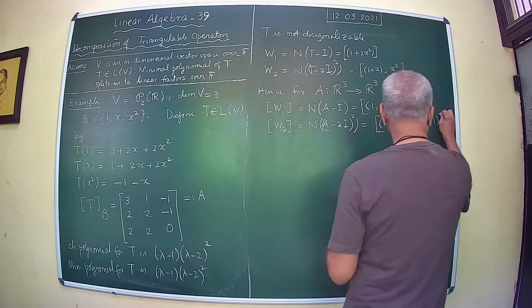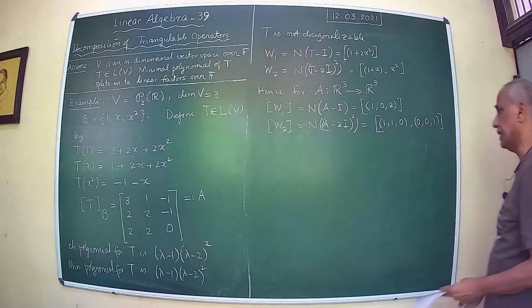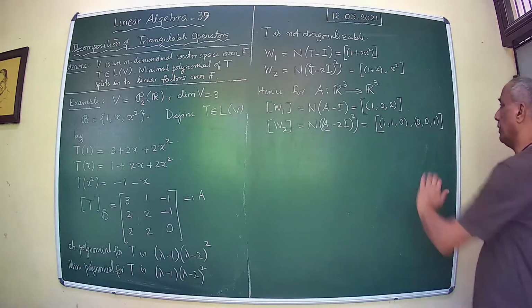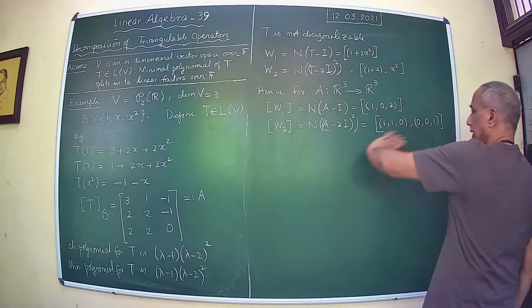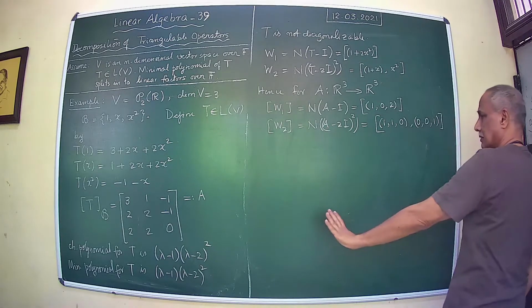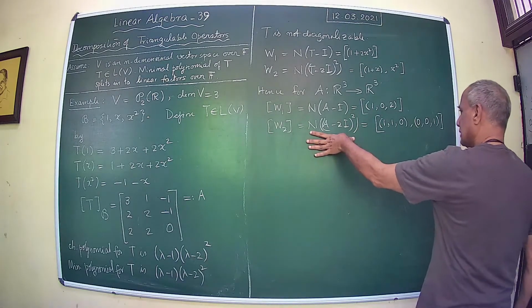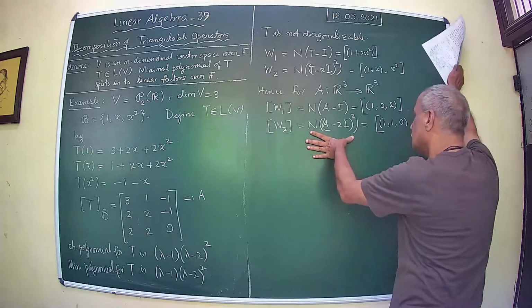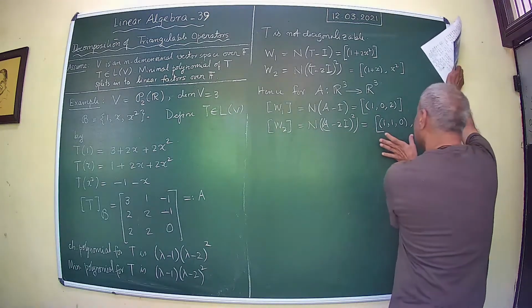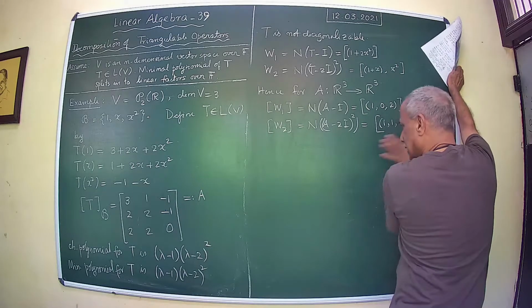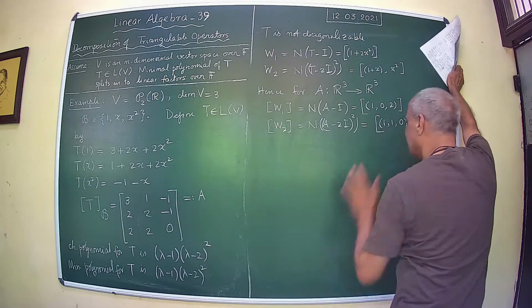See, I could have chosen one of these vectors as the eigenvector for A. I will do that. But I want to show you what is happening. This is a two-dimensional subspace, so I am choosing some basis for that.